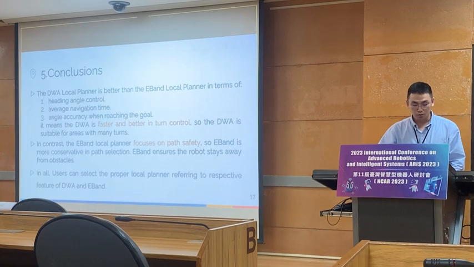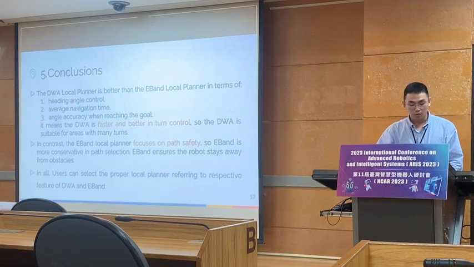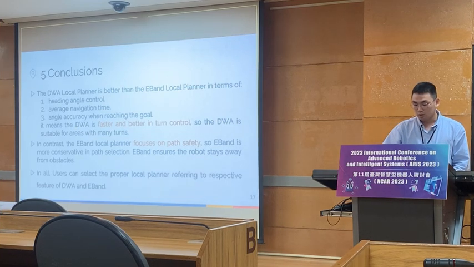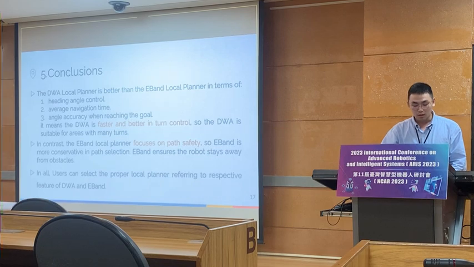5. Conclusion. The DWA local planner is better than the TEB local planner in terms of heading angle control, average navigation time, and angle accuracy when reaching the goal. It means DWA is fast and better in turn control, so DWA is suitable for open areas.